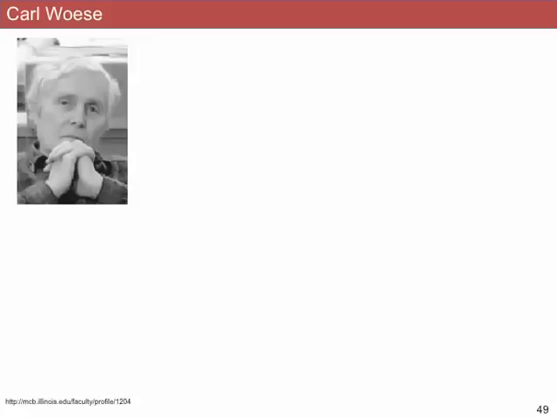So Carl Woese, who's about 90 years old now, I think, or so, at University of Illinois, was studying the mechanisms of translation. He was looking at ribosomes in different organisms, and he was very interested in the molecular details of this. And one of the things that he did was he took out the parts of the ribosome from different organisms, pulled out the RNA molecules from them.